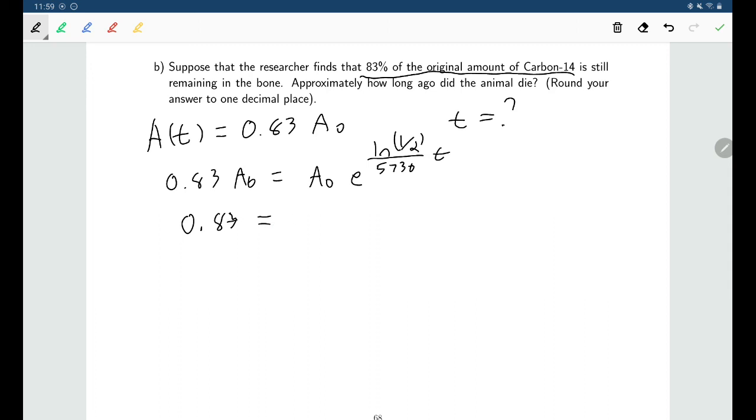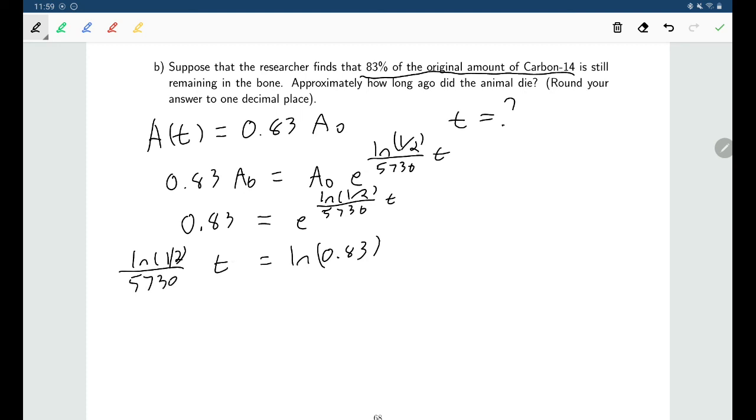What proportion of the original amount do we still have? And then now I'll take this and rewrite it as usual, rewrite it as a logarithm. So I'll say then we have natural log of 0.83 is natural log of a half over 5,730 times t.